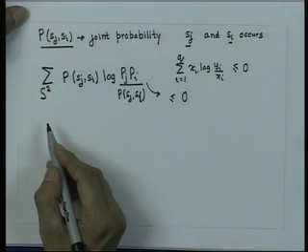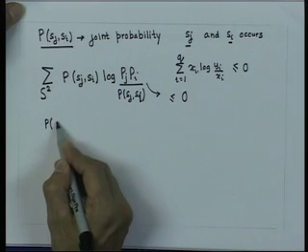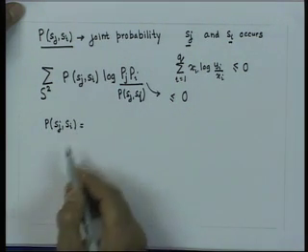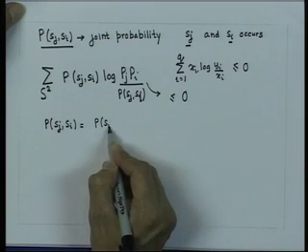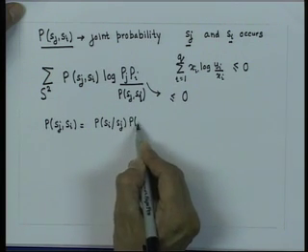Now, we also know from the Bayes rule that the probability of Sj Si is equal to the probability of Si given Sj multiplied by the probability of Sj.